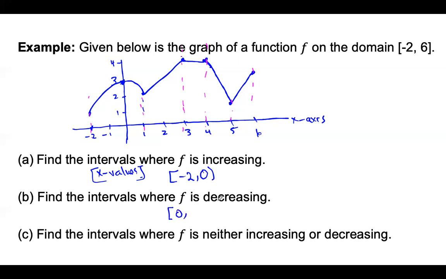You could say the point is neither, but so you come down to here. Then you start increasing again, all the way to 3. But then from 3 to 4, let's say you're walking along it, you're a person, walking flat.